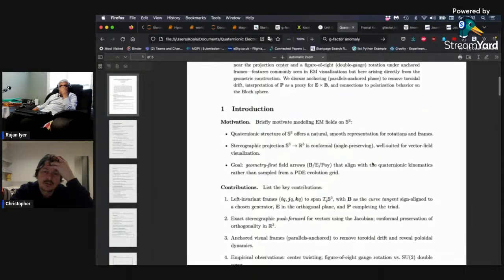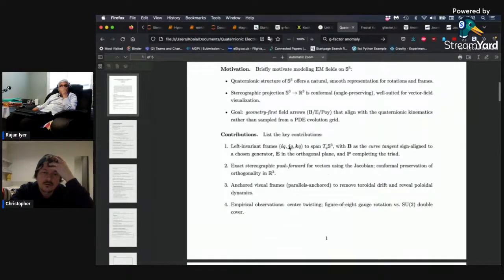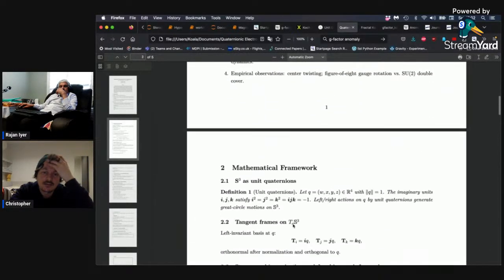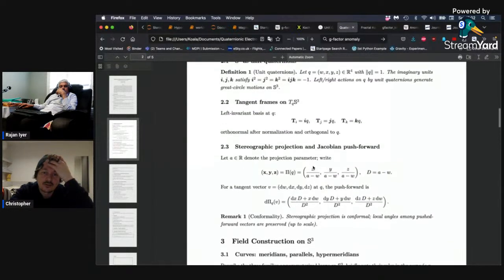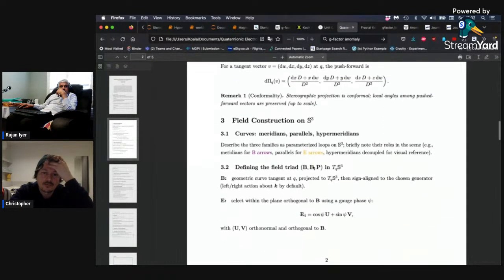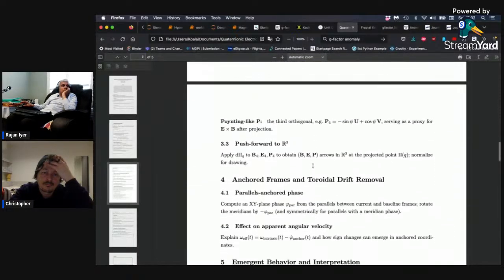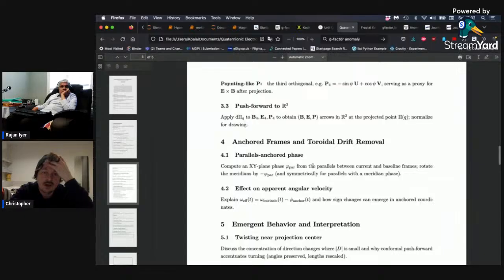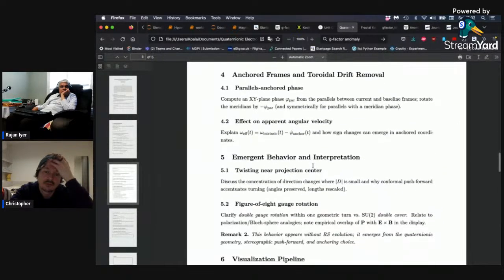So this just explains the basic stuff that we've already seen. And here's some of the equations, which are also quite straightforward. Like I say, this is just a skeleton, really, of a paper that might be written later on.